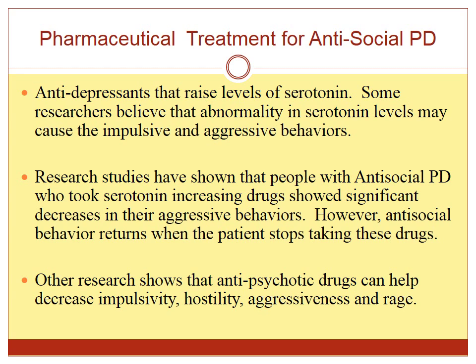So, let's give people with antisocial personality disorder medications that increase the serotonin levels, like SSRIs, the antidepressants. And it works. It reduces the aggressive behaviors. However, as soon as they stop taking their meds, the aggressive behaviors come right back.